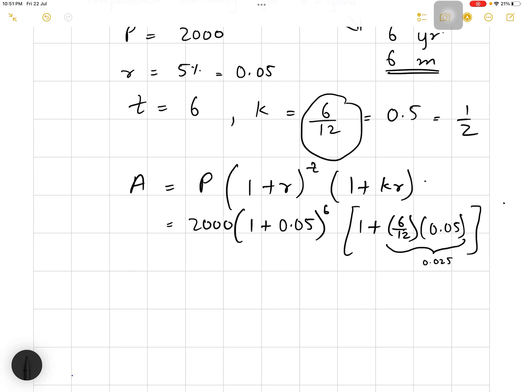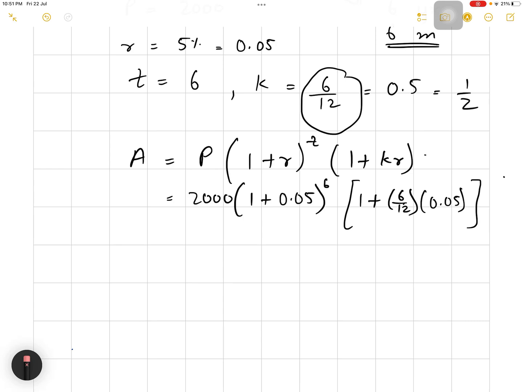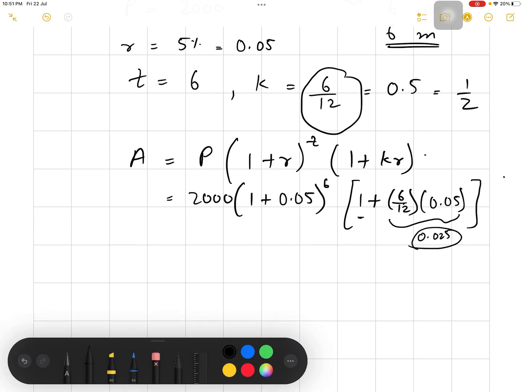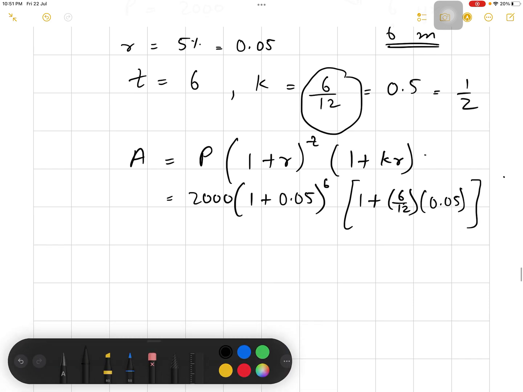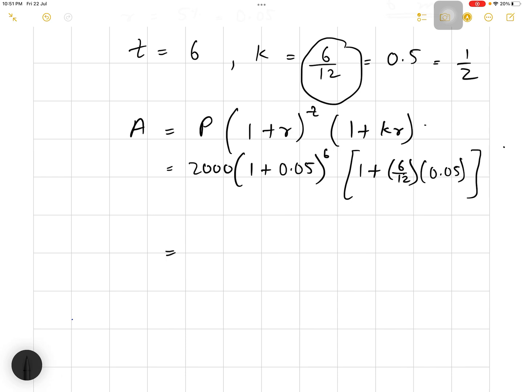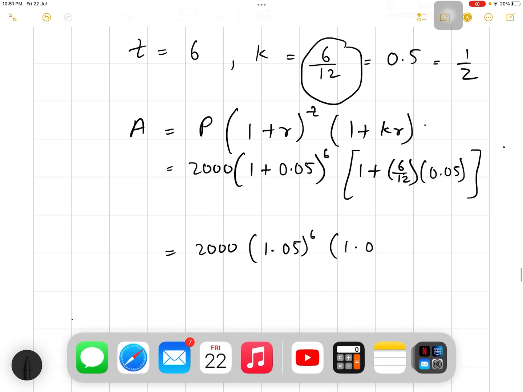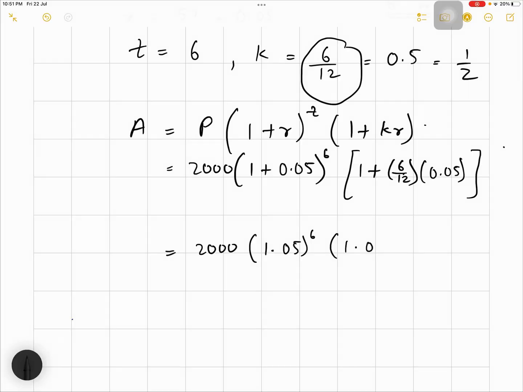So this is 0.025, and 0.025 plus 1 is 1.025, right? So A is equal to 2000 into 1.05 raised to 6 into 1.025.